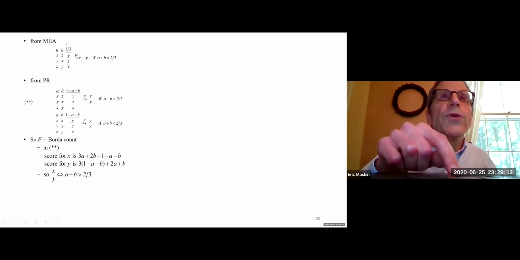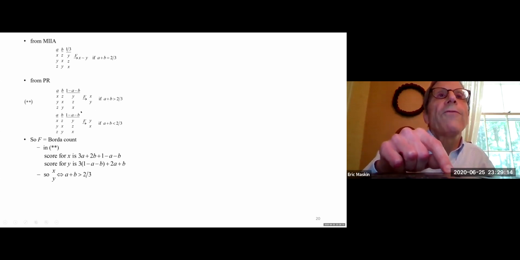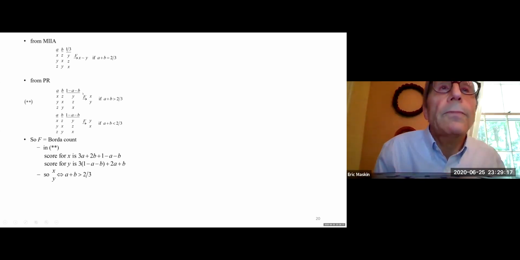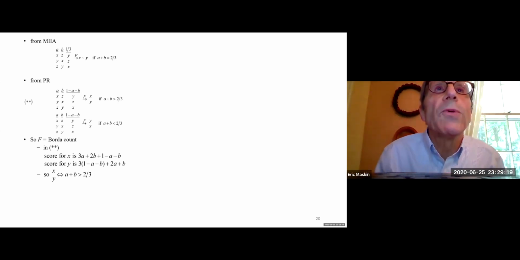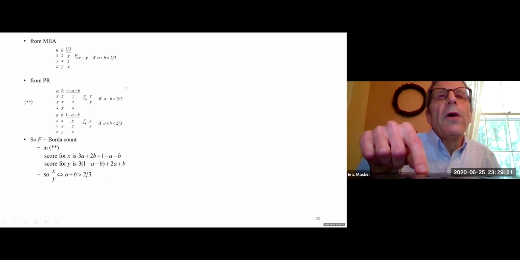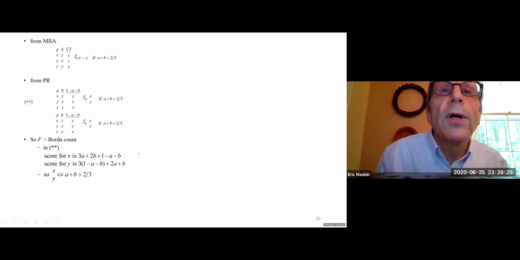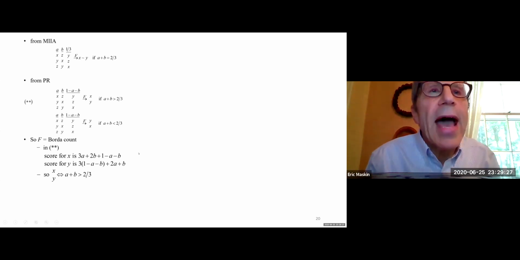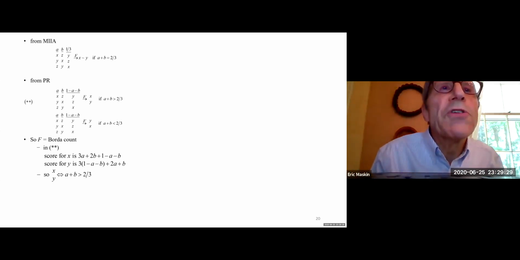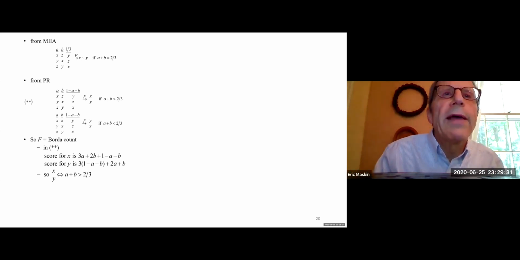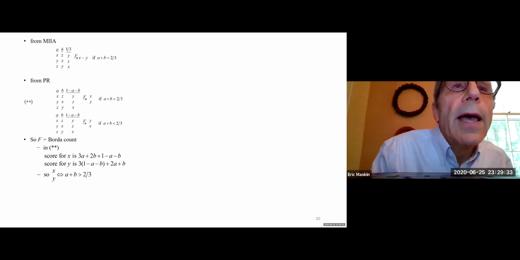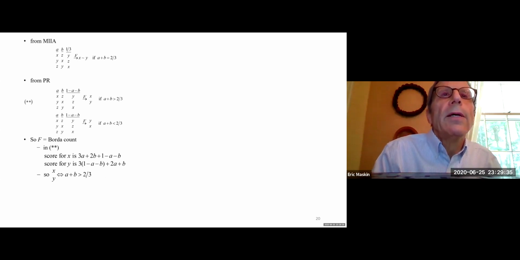In other words, we have completely characterized the Borda counts using our 5 axioms: unrestricted domain, modified IIA, anonymity, neutrality, positive responsiveness.